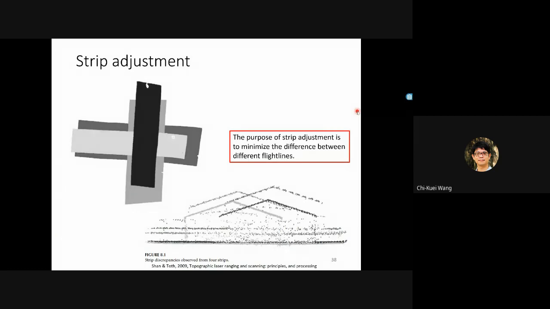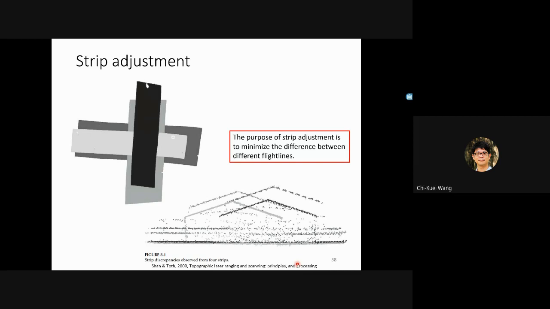The other important thing, after you get the data, is stripe adjustment. Even though we calibrate all the LiDAR before we do the scanning, there are still things that cannot be accounted for in the data. So even though there's only one building there, if you fly back and forth 4 times, you will get 4 rooftops.